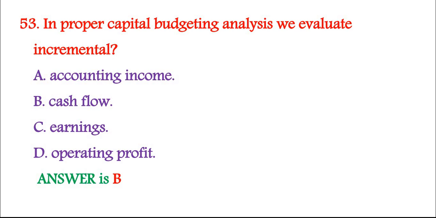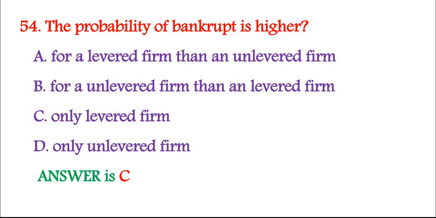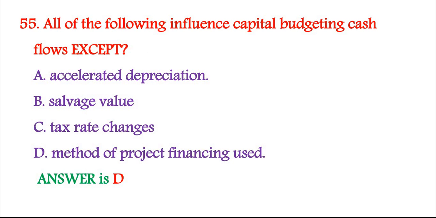Answer is B. 54. The probability of bankruptcy is higher A. For a levered firm than an unlevered firm. B. For an unlevered firm than a levered firm. C. Only levered firm. D. Only unlevered firm. Answer is C. 55. All of the following influence capital budgeting cash flows except A. Accelerated depreciation, B. Salvage value, C. Tax rate changes, D. Method of project financing used. Answer is D.